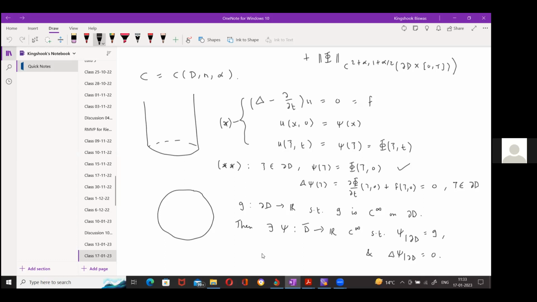We want to solve the Dirichlet problem using the heat equation. So I'm not going to assume the solution of the Dirichlet problem. Rather, this one can solve in a more simple way.